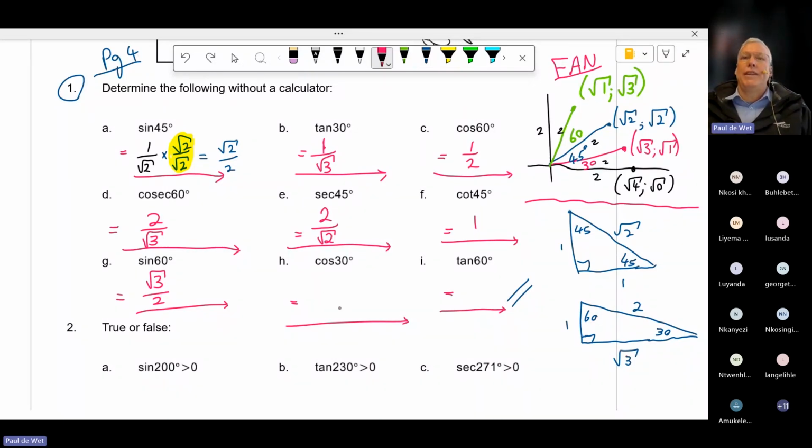All right, cos of 30. Root 3 over 2. Well done. Root 3 over 2. And the last one, tan of 60. Well done. Root 3 over 1 is just root 3.